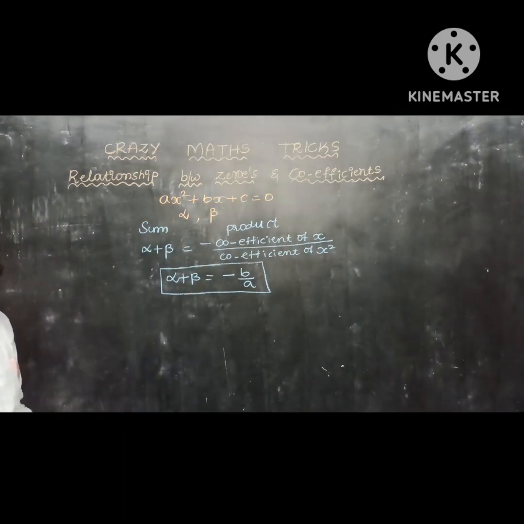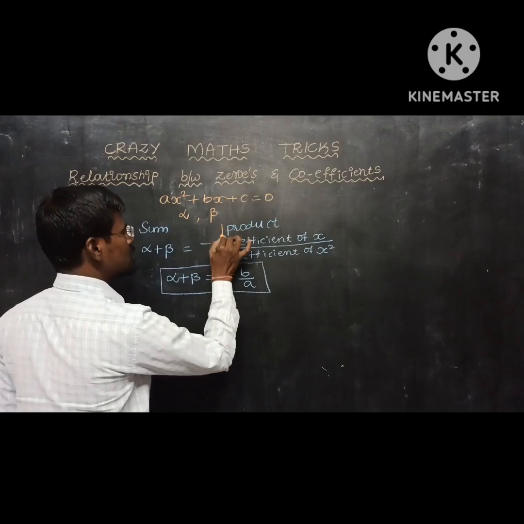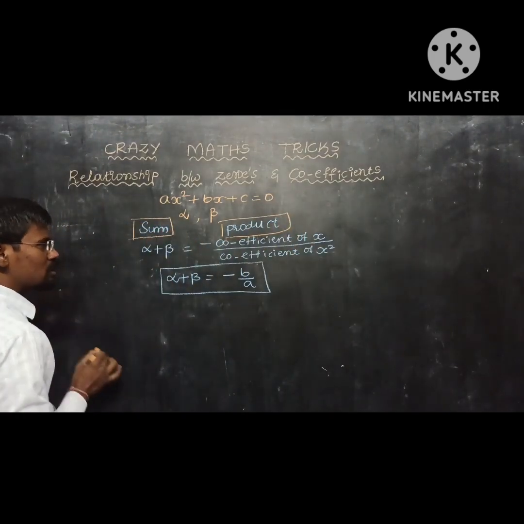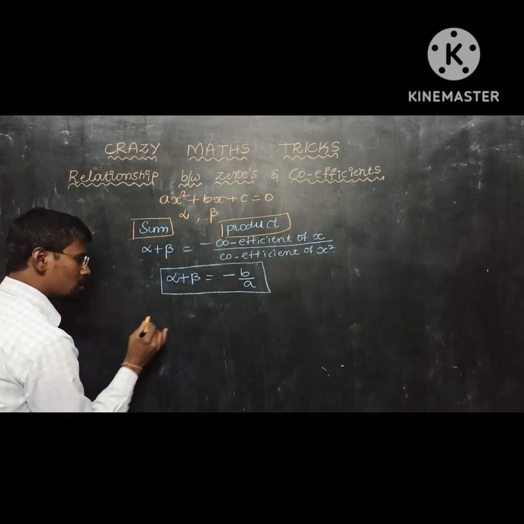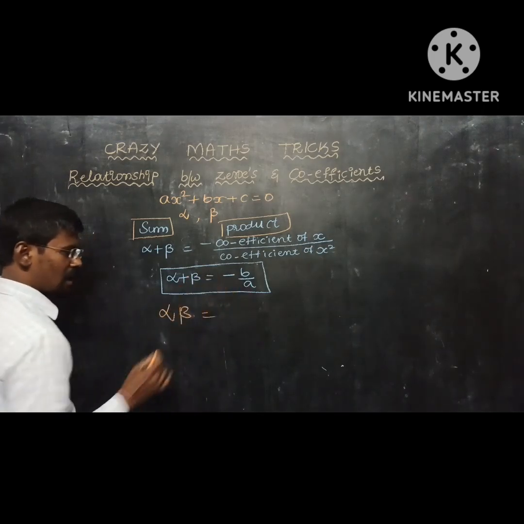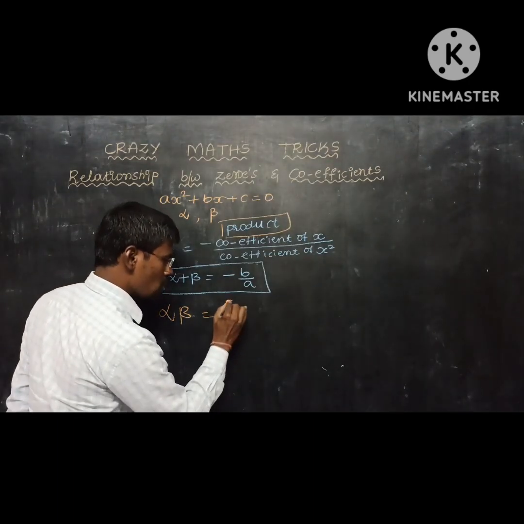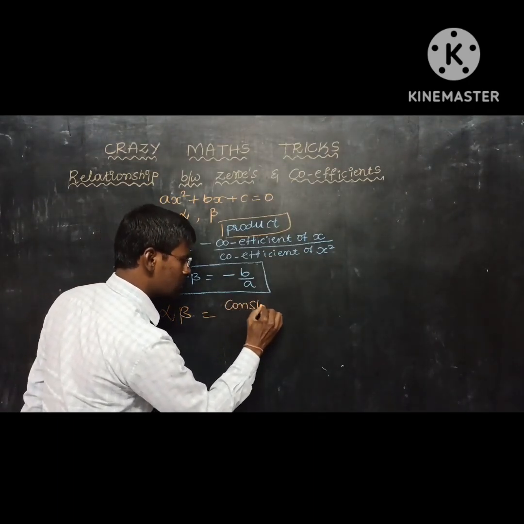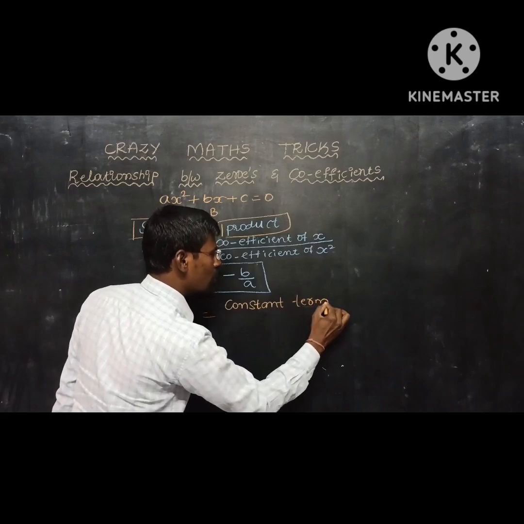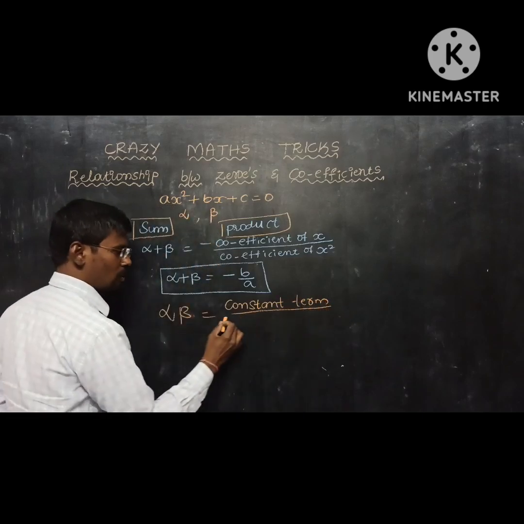One more we are going to see. What is that one more we said? The product of the zeros. Sum of the zeros is there, product of the zeros is there. Now I am going to write the product of the zeros: alpha into beta is equal to the constant term by the coefficient of x square.